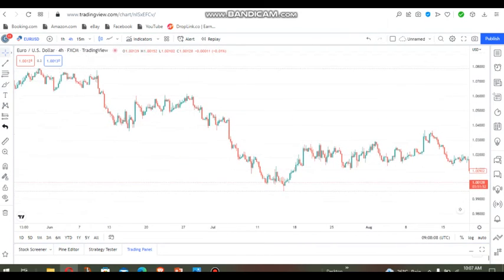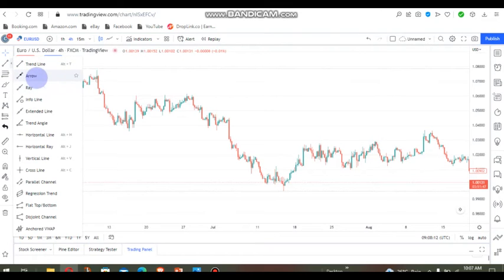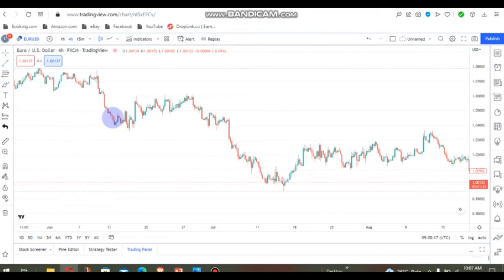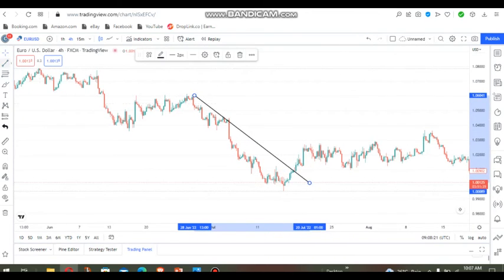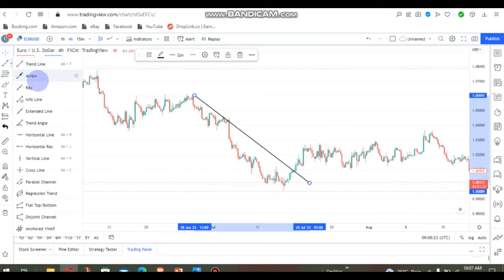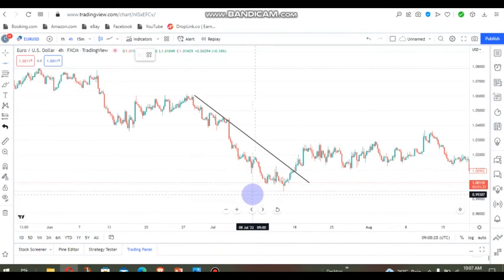This one is for trend lines. If you want to draw a trend line, we have trend lines, we have an arrow, we have a horizontal line. If I click on the trend line, you just click and draw like that. If you click on the horizontal line, maybe you want to put a horizontal line because we'll be doing market analysis.